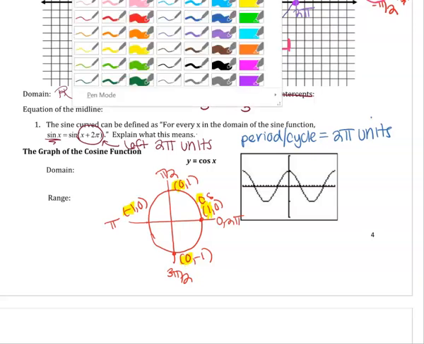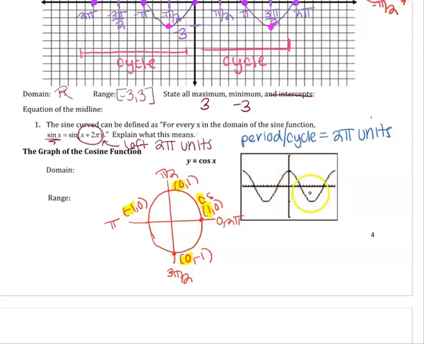Now, if you take a peek then at our graph over here, this is cosine. So at 0 radians, you're seeing 1. That's where that's coming from. At pi over 2, we're at 0. At pi, we're at -1.